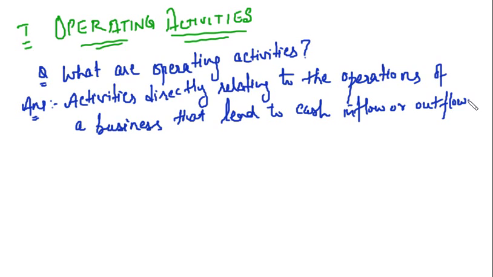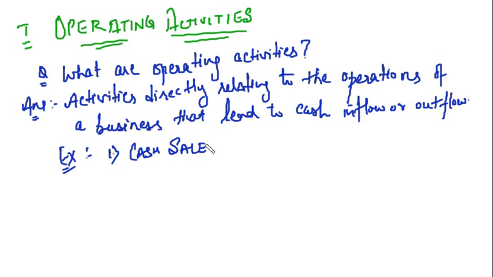Right? Can you give an example of this? Can you think of an example? What are the activities that are relating to operations of a business and the activities lead to either cash inflow or cash outflow? Right? Can you think of some examples? Example. What can be the example? Number one is cash sale, isn't it?